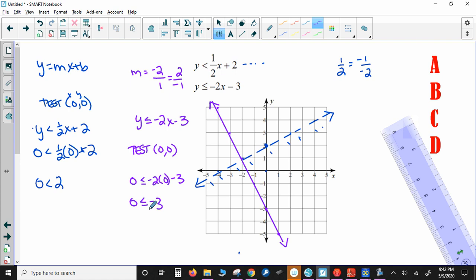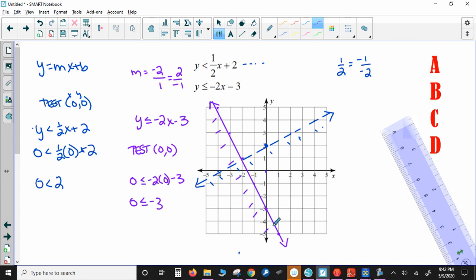Is that a true story? Is 0 less than negative 3? Honestly, I think if you owe somebody $3, you have even less money than $0. So 0, 0 is not part of our solution set, which means nothing on this side of this purple line is part of our solution set. So our solution set for the purple line is all the stuff to the left of it.